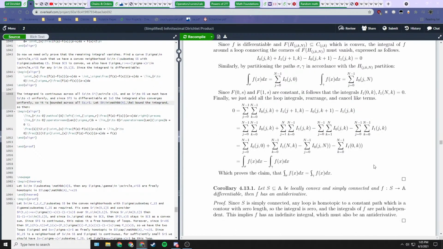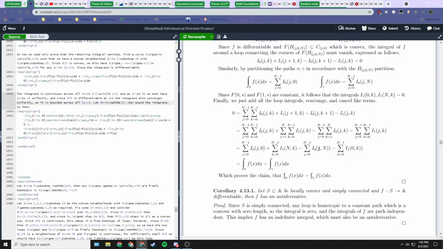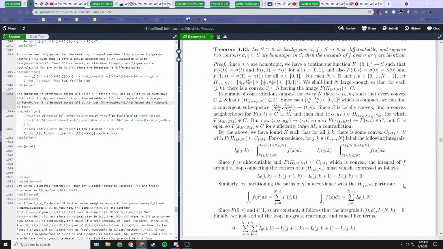So this proof for the homotopy integral ends up in this position here. Okay, yes.